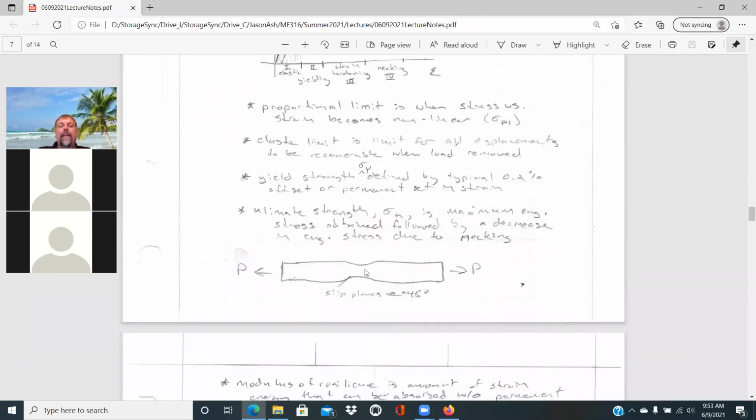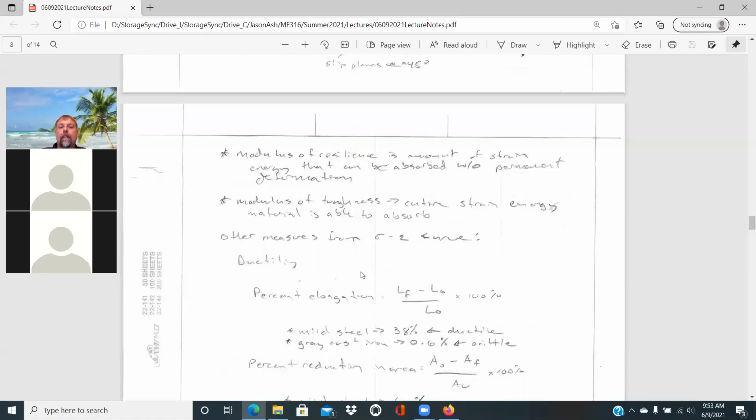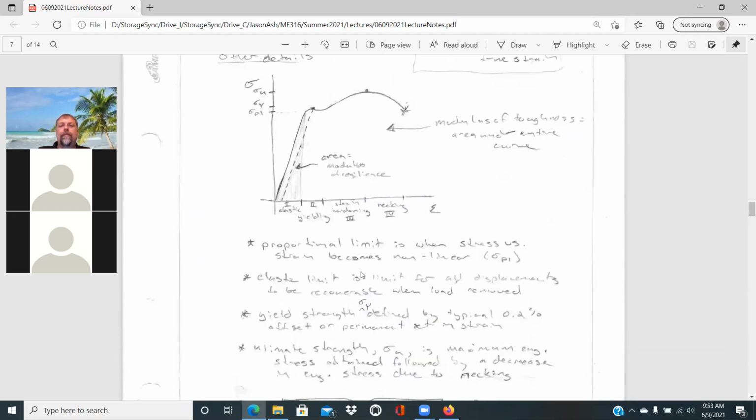So there's a picture of that necking that would be occurring, slip along 45-degree planes that causes that drastic reduction in cross-sectional area. There's some other values looking at the area under the curve. Remember, for force versus displacement, the area under the curve is equal to the amount of work needed to cause that displacement.